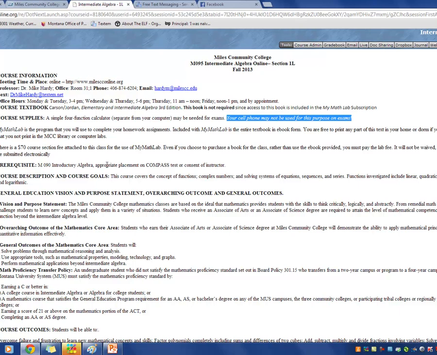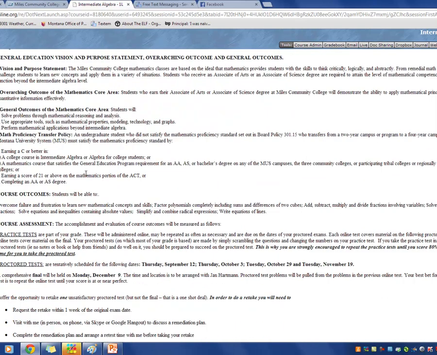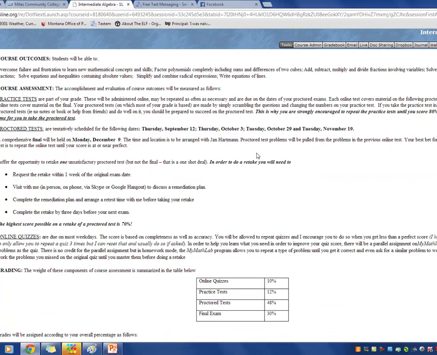Now, a lot of the rest of the stuff here is important to have for the various audiences of the syllabus, but either you won't get it until you've taken the course anyway, or it's really just for other people's benefit.